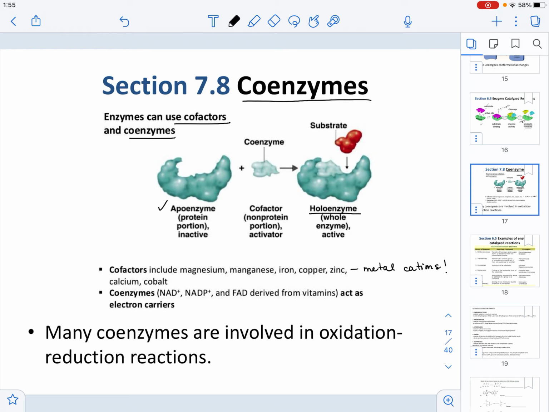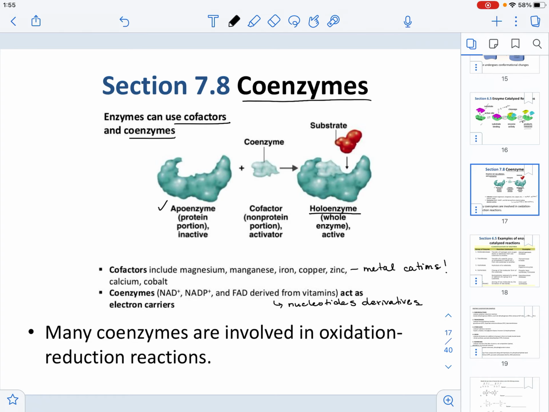When it comes to the coenzymes, understand that some of these are derived from vitamins, but they include NAD+, NADP, FAD. These are nucleotide derivatives, and we're going to be talking about nucleotides in later chapters.